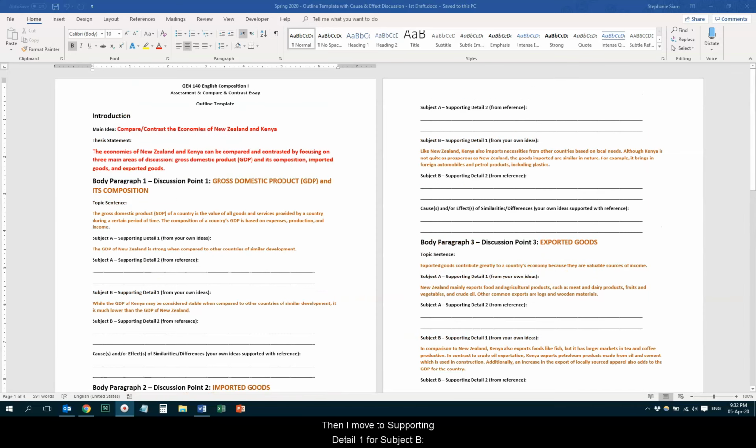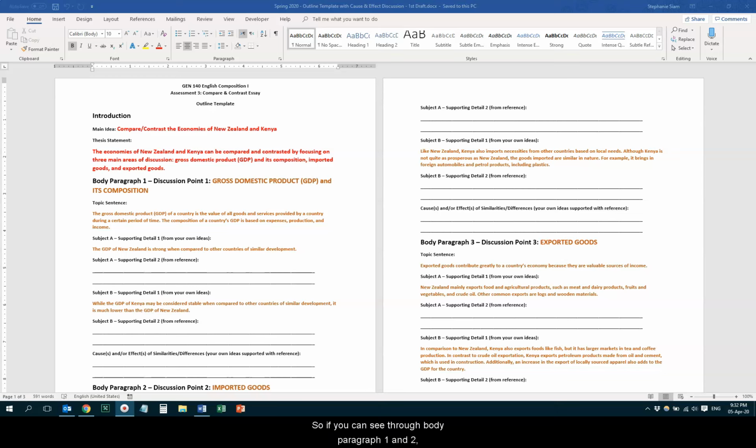Then I move to supporting detail 1 for subject B. Like New Zealand, Kenya also imports necessities from other countries based on local needs. Although Kenya is not quite as prosperous as New Zealand, the goods imported are similar in nature. For example, it brings in foreign automobiles and petrol products, including plastics.